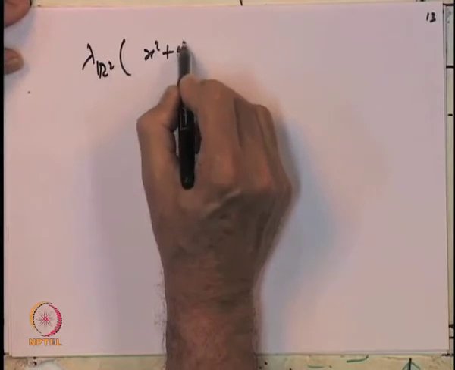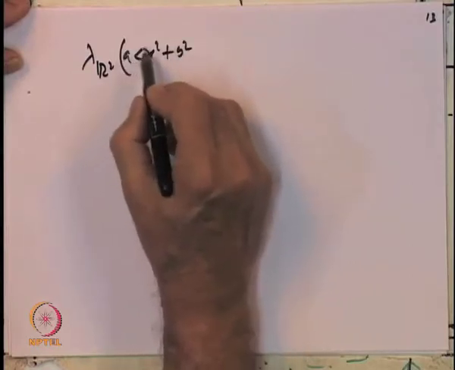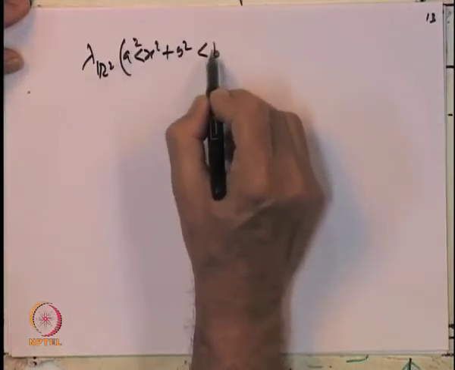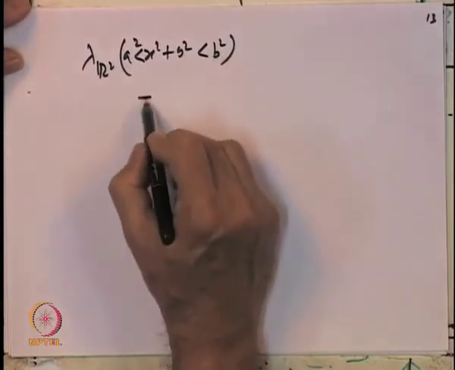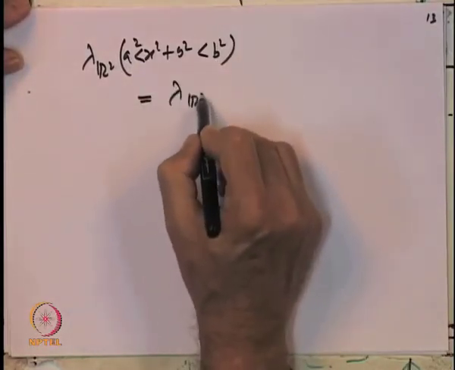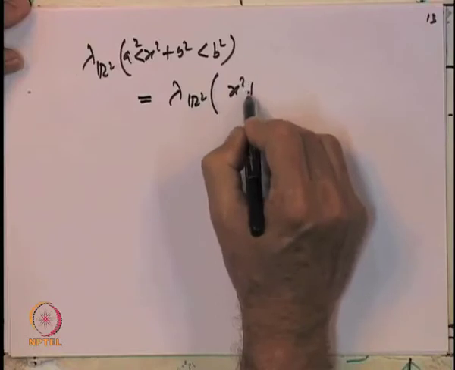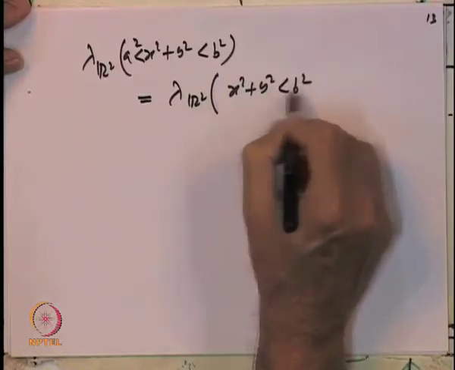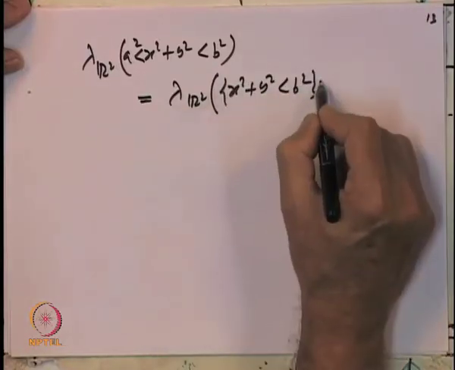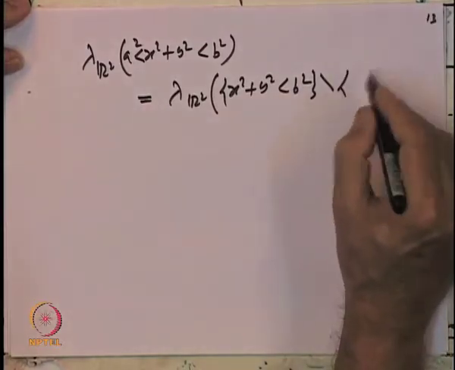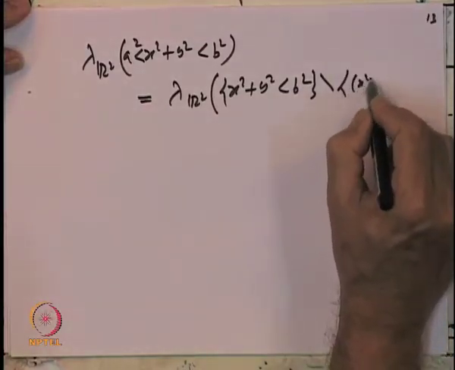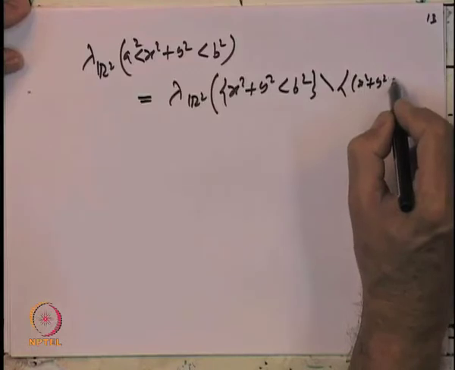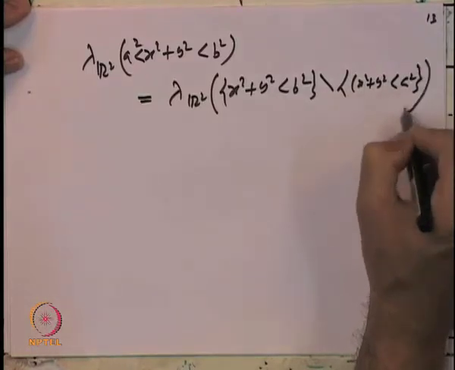the set x squared plus y squared bigger than a squared and less than b squared is nothing but the Lebesgue measure of the set x squared plus y squared less than b squared, minus the inner circle, that is x squared plus y squared less than a squared.